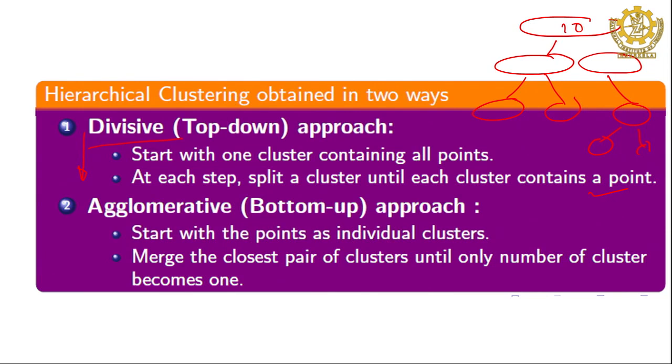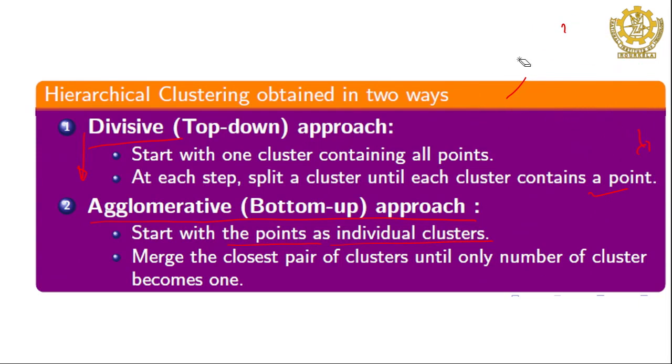Another approach, and the most popular approach, is called the agglomerative approach. What is that? Instead of considering the entire data set as one cluster, you consider that each point is a cluster. So, start with the points as individual clusters, and merge the closest pair of clusters until the number of clusters becomes 1. So, it is the other way around.